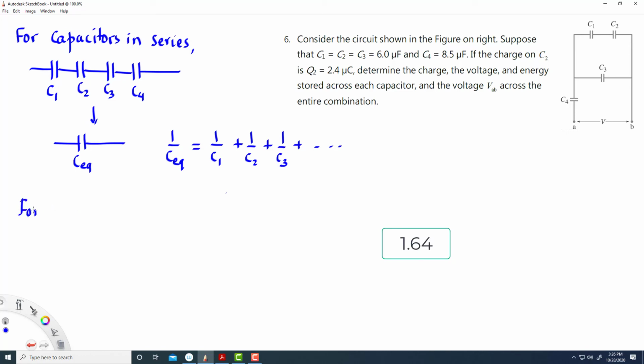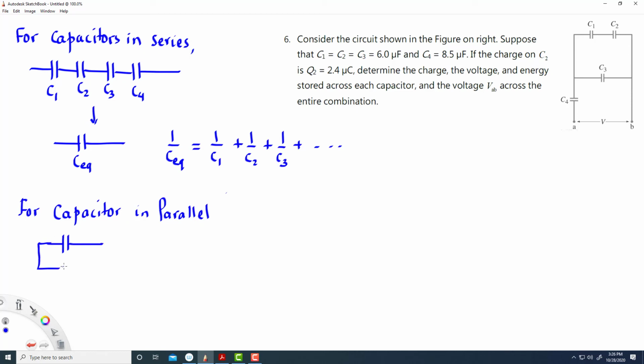If I combine the capacitors in parallel, for example, I have a capacitor like this, a capacitor like this, a capacitor like that.